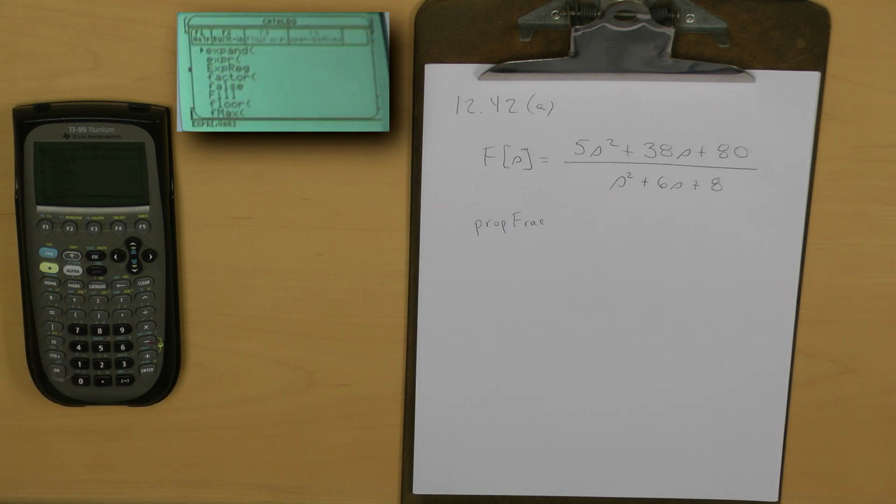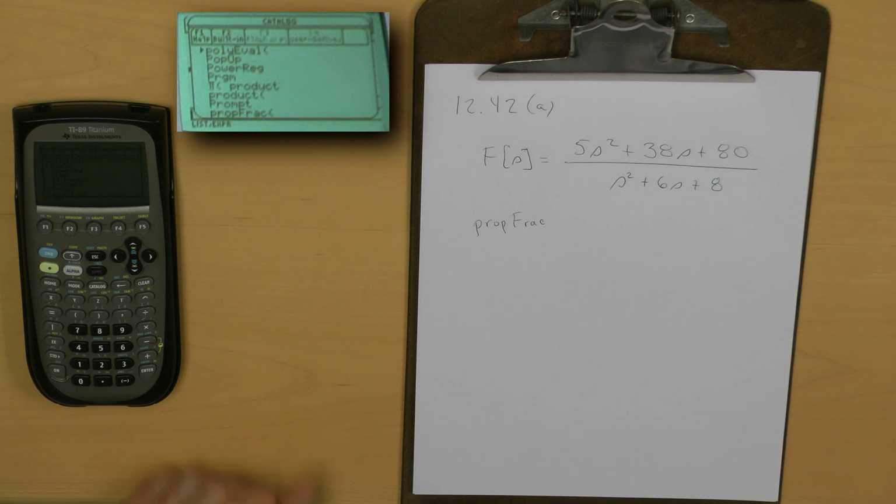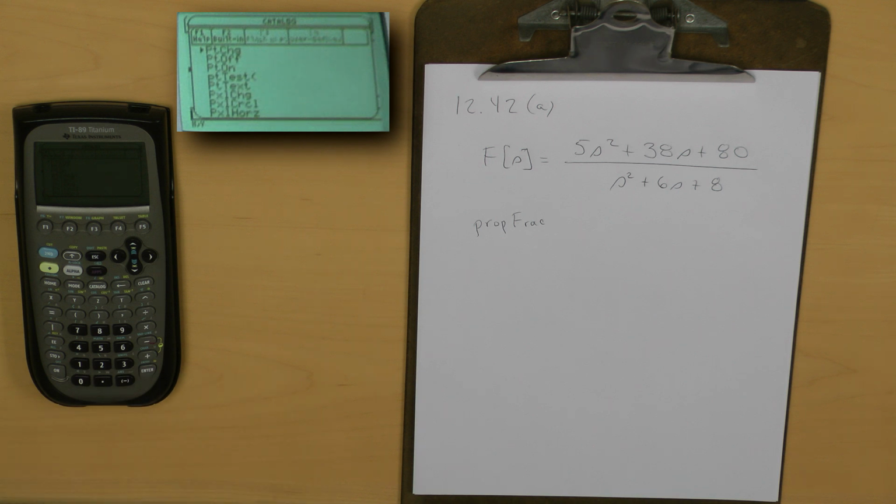I'll go into the catalog of functions and get down to the P by hitting the key that's associated with the P. In order to scroll down quickly, I can do second down arrow, and you can see hopefully that properFrac is the bottom function in that window. I can go one beyond that by hitting the second down arrow and click just up one. Now I have the properFrac. I'll hit enter. That's now on my command line.